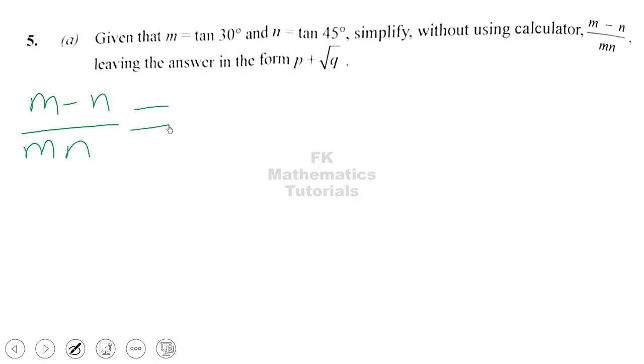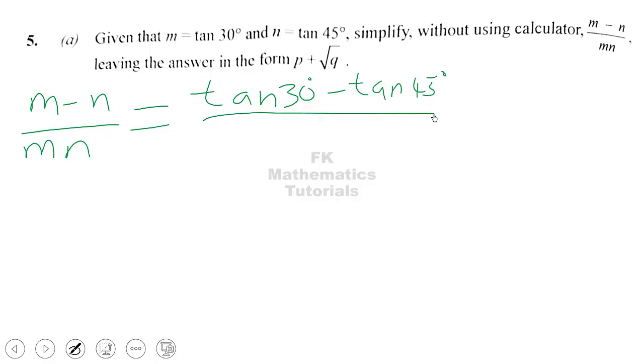So that will be tan 30 degrees minus tan 45 over mn, so tan 30 degrees times tan 45 degrees.